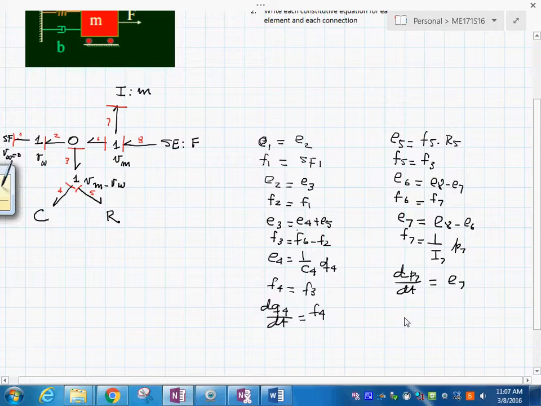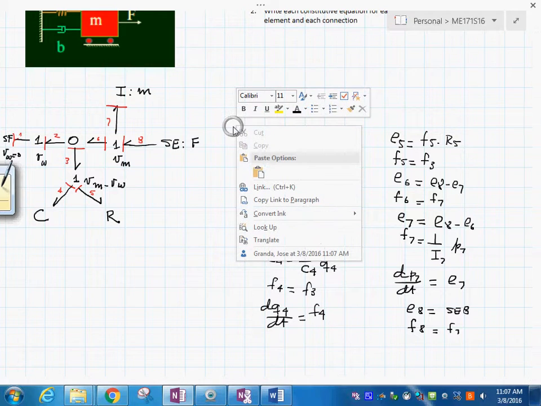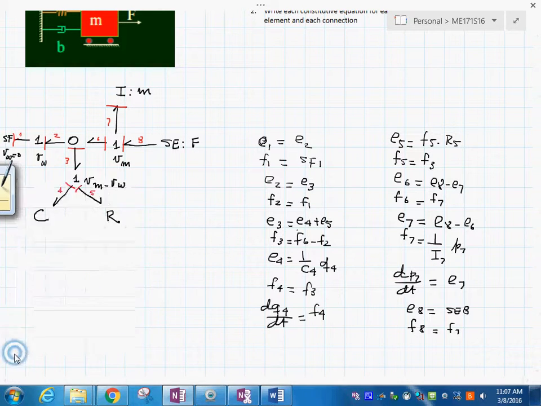So what I have done here is I have written the constitutive laws, the constitutive equations of each one of the elements, following the causal marks and following the power flow. You see E1 is equal to E sub 2, and F1 is F1.